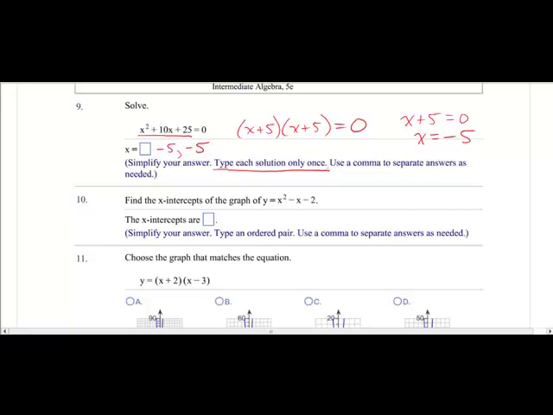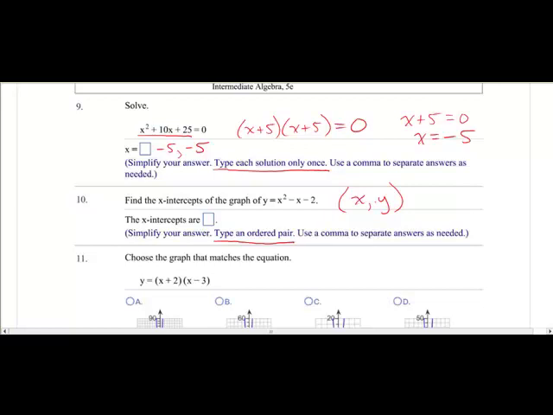Number 10, find the x-intercepts. Now, again, I'm going to point out, anytime it asks you to find x-intercepts, and here it is in the directions, type an ordered pair. You should be entering an ordered pair, which is, remember, an ordered pair looks like x comma y in parentheses. Two numbers in parentheses, your x value and your y value.